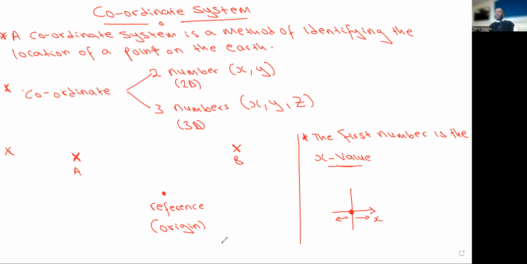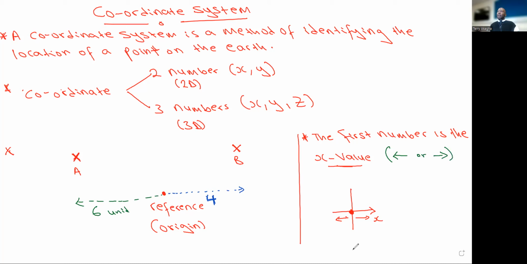So if this is our reference point, the X value will tell you whether you should move 4 units to the left or to the right, or it can tell you you should move what? 6 units to the what? To the left. Are you seeing it? So the X value is telling you how far left or how far right you should go.